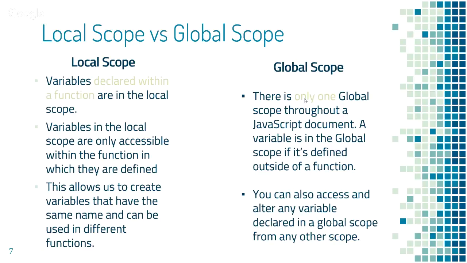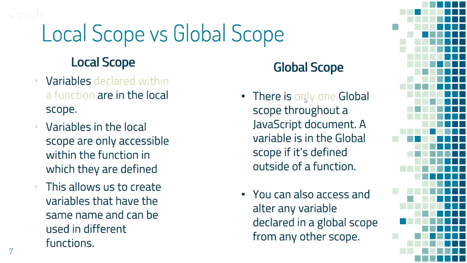So we can have variables that have the same name, like cake, for instance, which are defined in two separate places and don't conflict with each other. And that more or less is what the local scope is. It's the variables declared inside a function, which can only be accessed inside it and not from the outside.